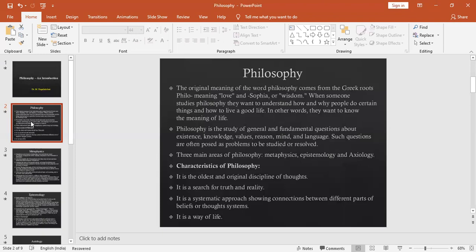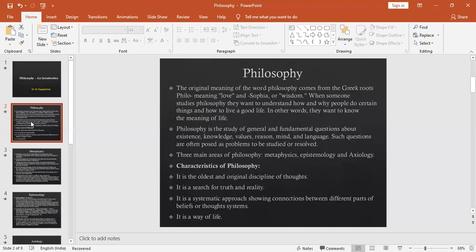Reason and mind, you can connect with realism and idealism. And language, you can connect with structuralism and post-structuralism. And then you can see modernism and postmodernism blended with all those things. So when you understand this, then you can study each segment in a different category or different theories related to that very word.